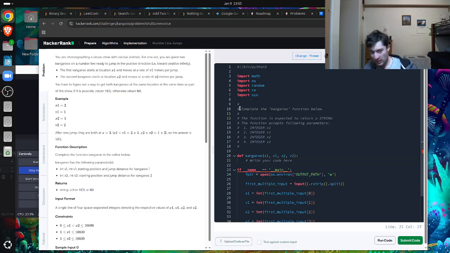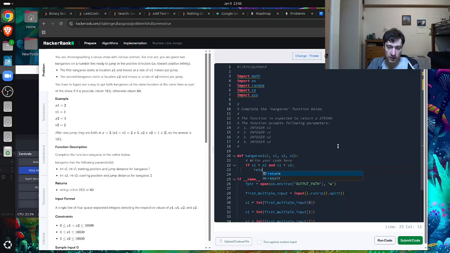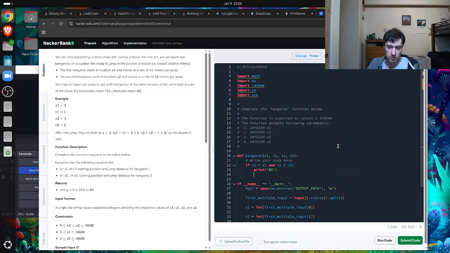I'm going to take it same place at the same time as meaning their jump needs to hit the same place. So what I'm going to do is say if x1 is less than x2 and v1 is less than v2, I need to print no and return.